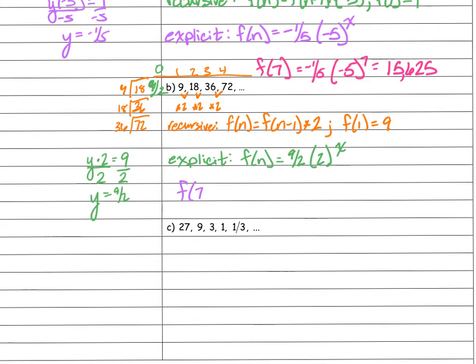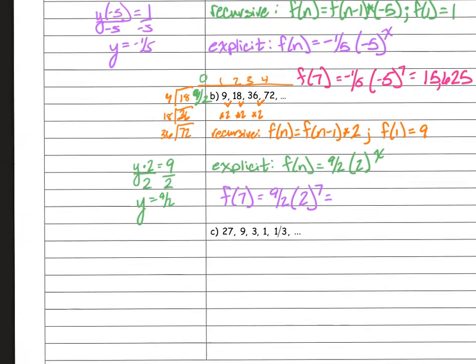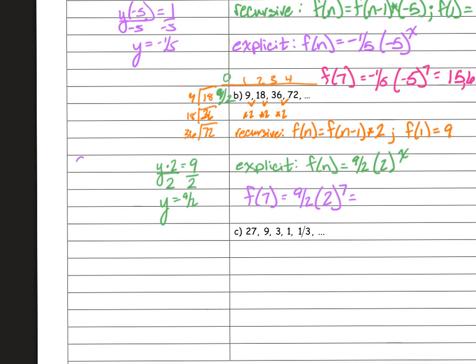And then we want to find f of 7. So I'm going to say 9/2 times 2 to the 7th power. In my calculator, I go 2 to the 7th power times 9 divided by 2, because that's what 9/2 is.